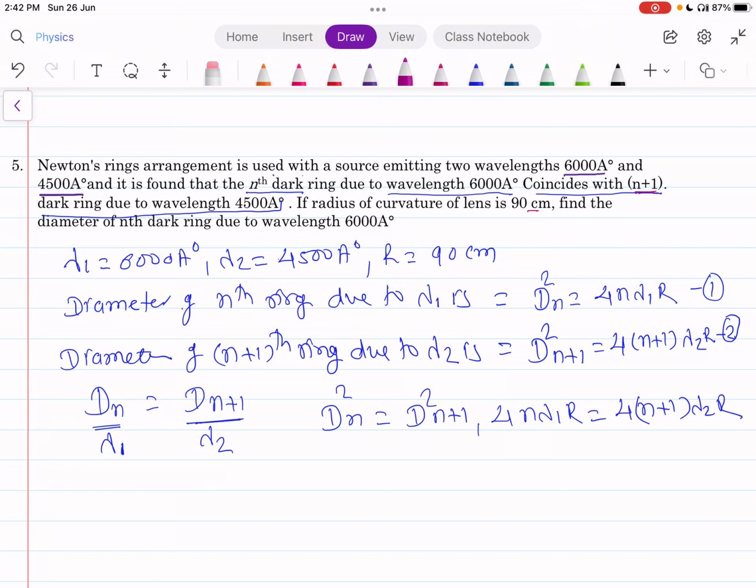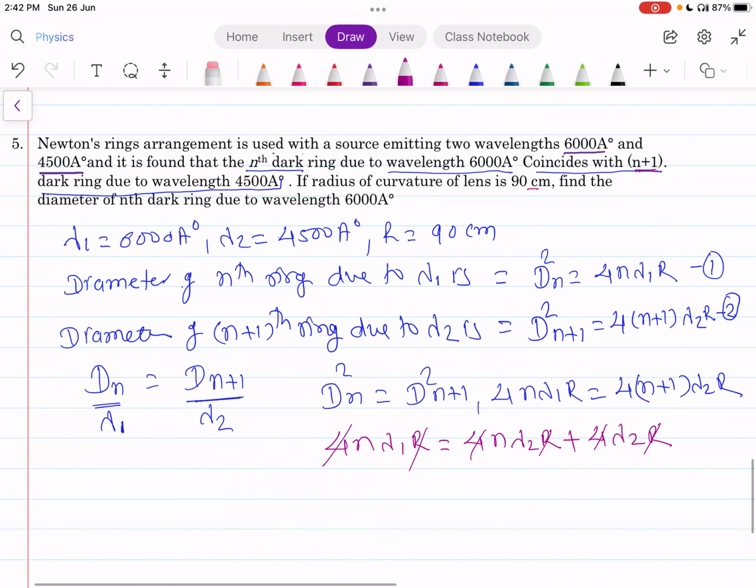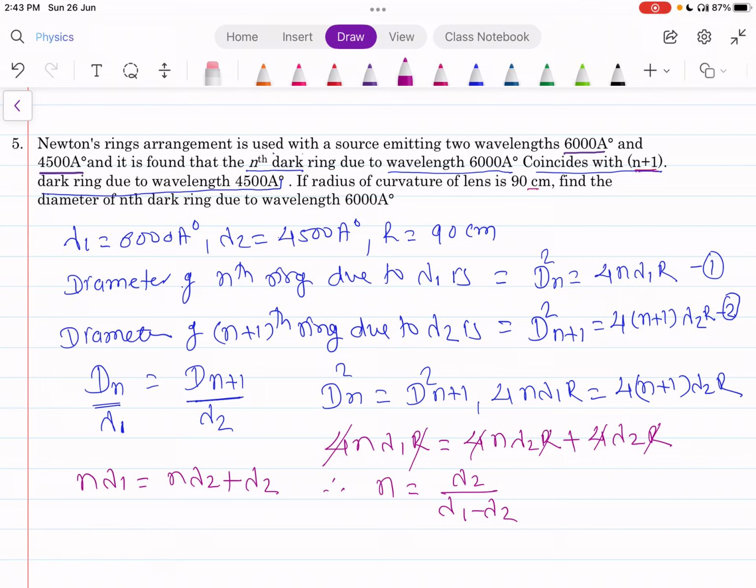Let us simplify this. 4n lambda 1 r is equal to 4n lambda 2 r plus 4 lambda 2 r. So this 4 cancels with this 4, r cancels with this r, and what we get is n lambda 1 is equal to n lambda 2 plus lambda 2, which is therefore n is equal to lambda 2 upon lambda 1 minus lambda 2.